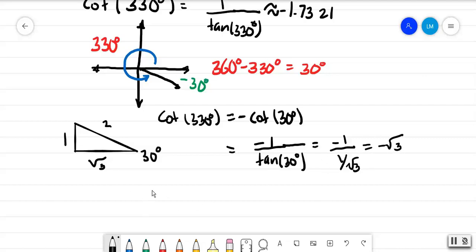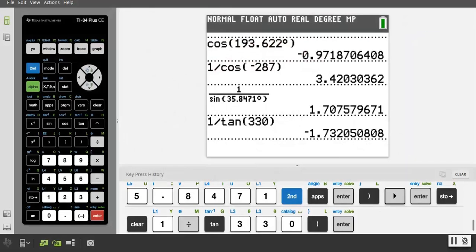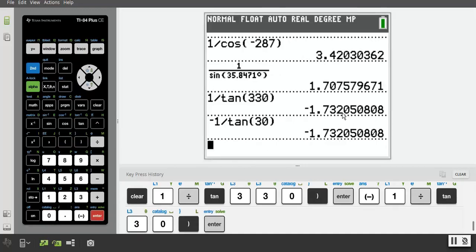So that means that cotangent of 330 degrees is equal to negative root 3. Now, if you go back to the calculator and type in negative 1 divided by tangent of 30 degrees, you get the same exact thing.